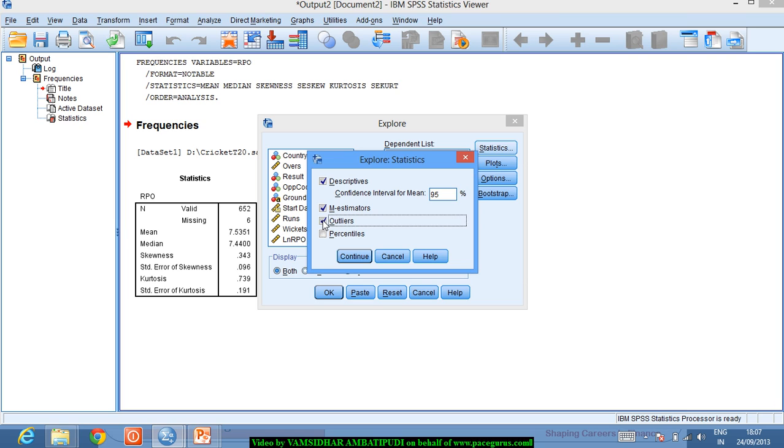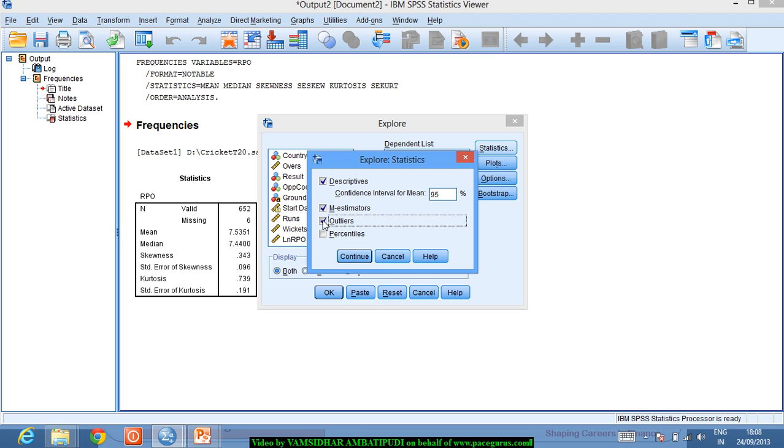Middle value estimators. There are various formulas that estimate the mean. So a tool like SPSS, even without our knowledge of formulas, displays those values, but we need to know how to interpret them. M-estimator is nothing but a robust estimate of the mean.